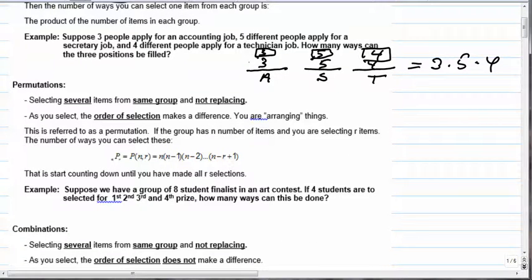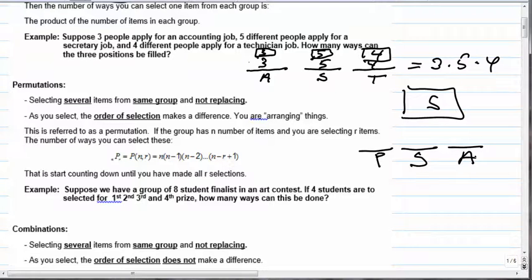The next thing we look at is the concept of a permutation. A permutation is when we're selecting from the same group several items, and the order in which we select them makes a difference here. So if I had a group of, say, students and they were forming a committee, and I had to pick a president and a secretary and maybe an accountant from this group, when I choose somebody would make a difference, because if I picked you first, you would be president.